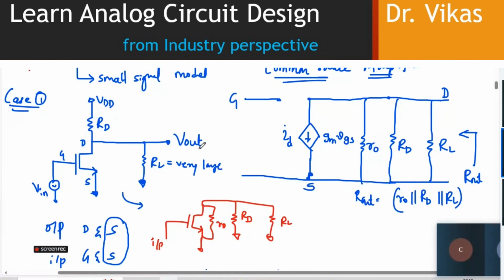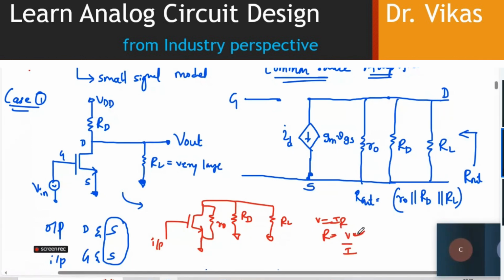How do we calculate the resistance? V is equal to IR, and to calculate R, I require V by I.